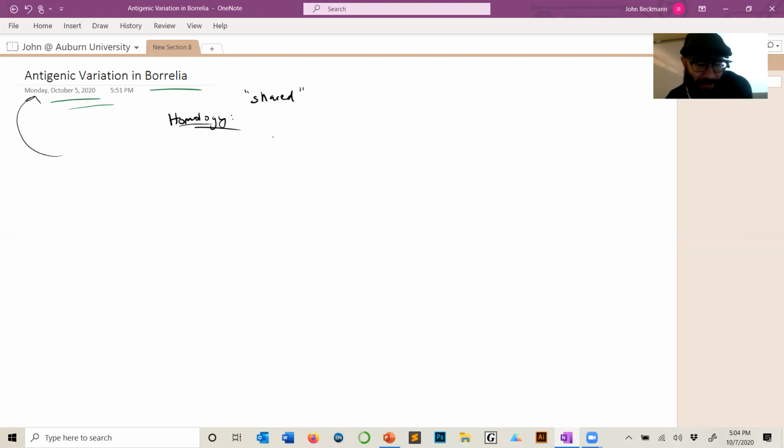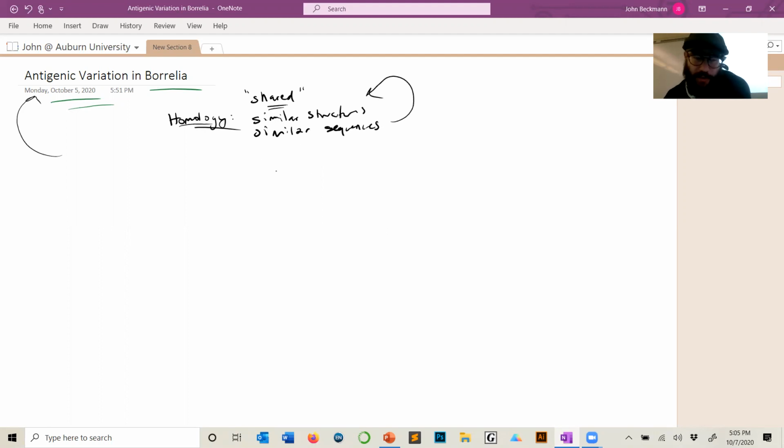Oh, okay. Well, Lewis is essentially right. It's shared, but a better way to say it would maybe be similarity. So similar structures or, if we're talking about molecular genetics, similar sequences, which are then going to lead to similar structures.